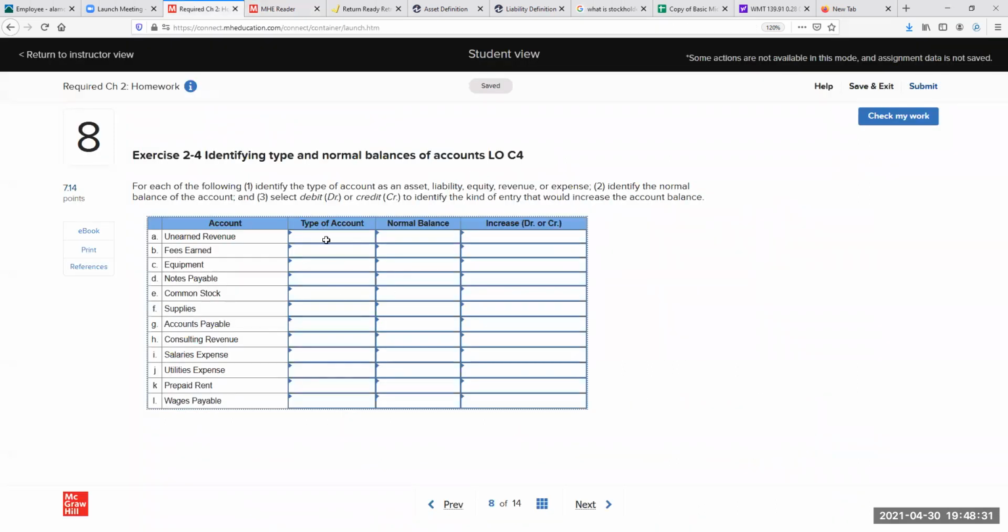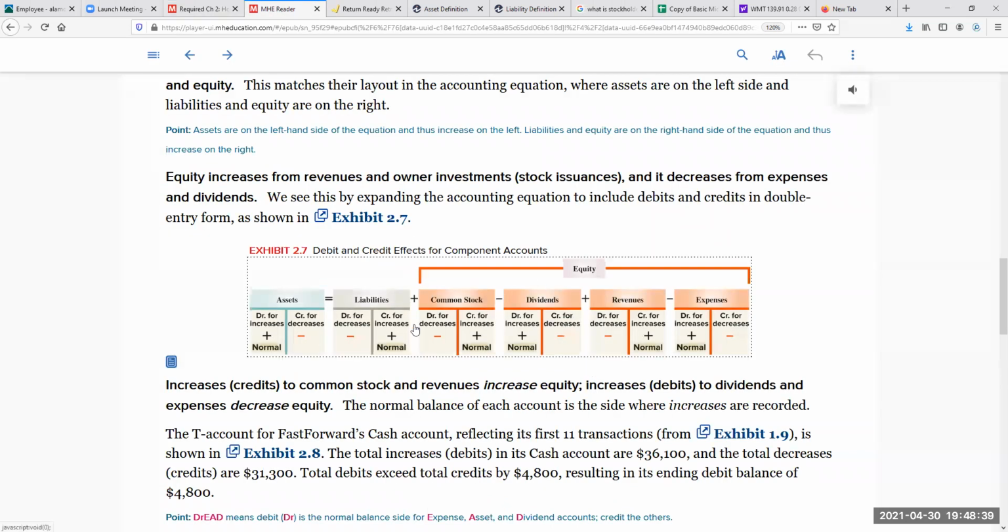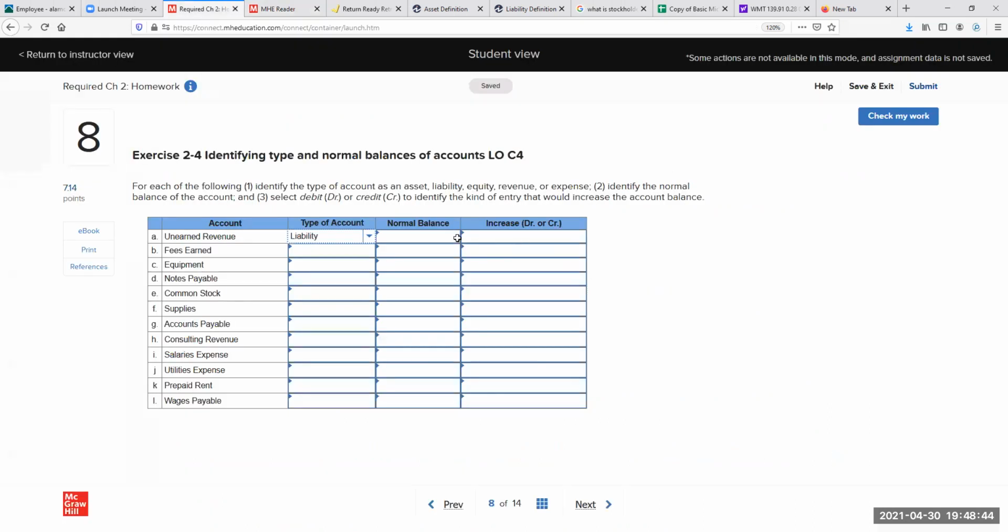You've got to classify it. So unearned revenue is a liability. That means somebody paid you in advance and you haven't earned it. What's the balance? Liabilities are increased on the right. So the normal balance is a credit. So whatever side increases it is also its normal balance.